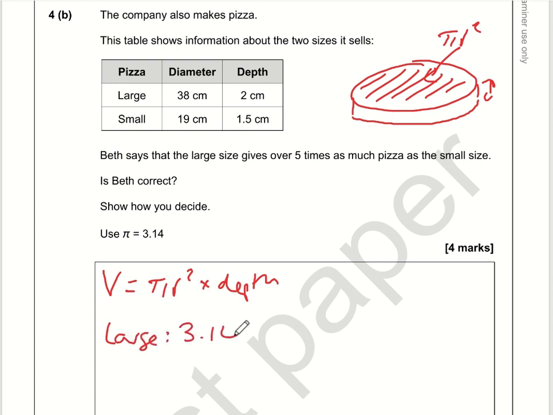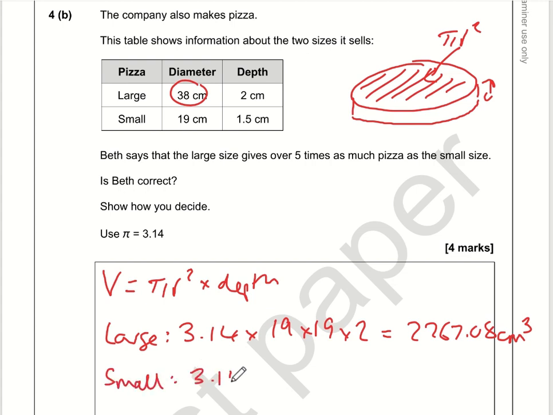So 3.14 times, okay, the diameter is 38, so the radius is half of that, 19, times 19 times 2, and that comes to 2267.08 cubic centimetres. Let's go for the small.